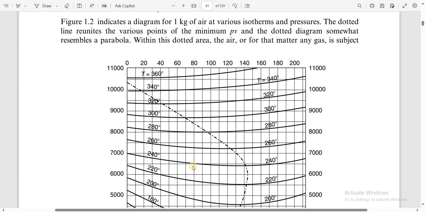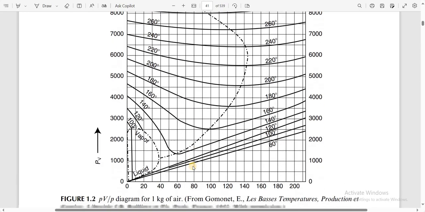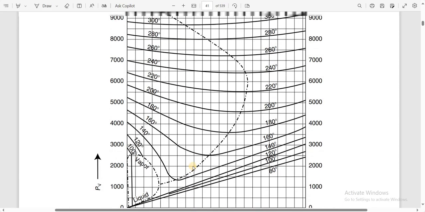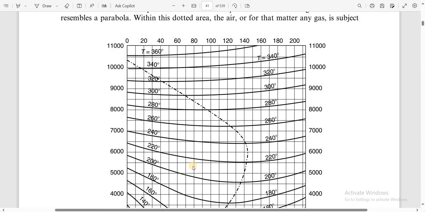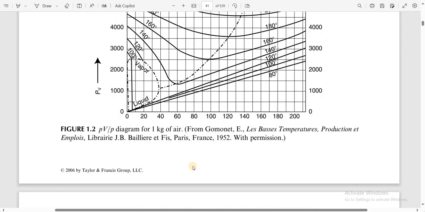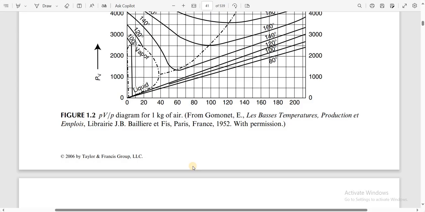Within this dotted area, the air, or for that matter any gas, is subjected. Okay, we can use this diagram to find some values numerically.